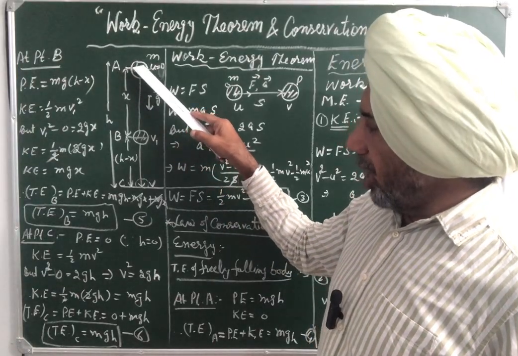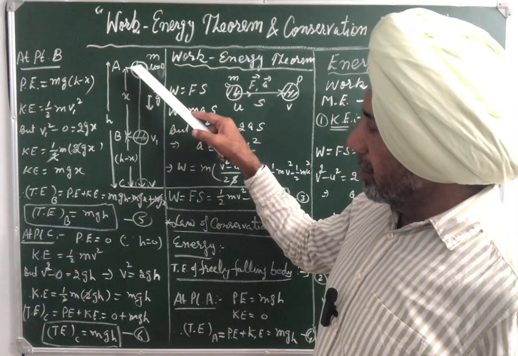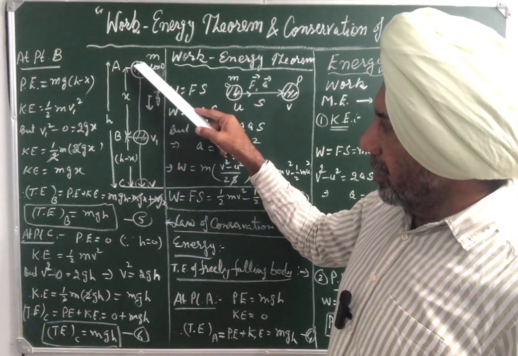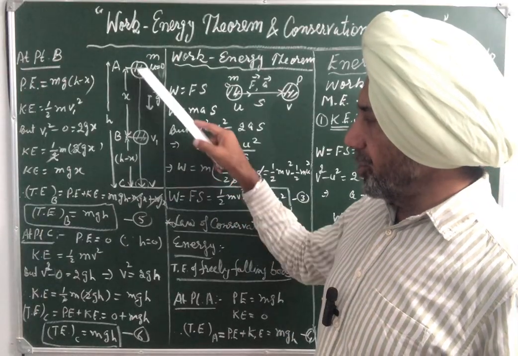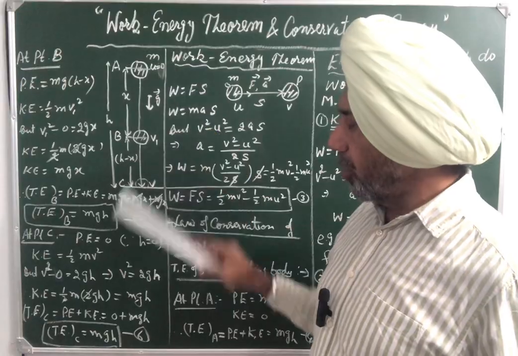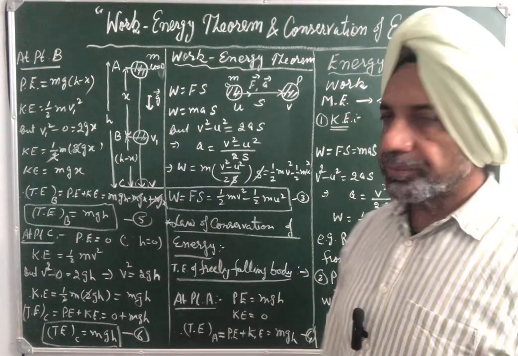Suppose it is allowed to fall down freely under the effect of gravity. Then it follows this vertical downward path. A is the top position, B is the position of the body at any instant in between the ground and the top position, and C is the ground level.